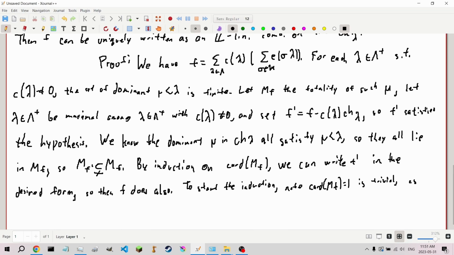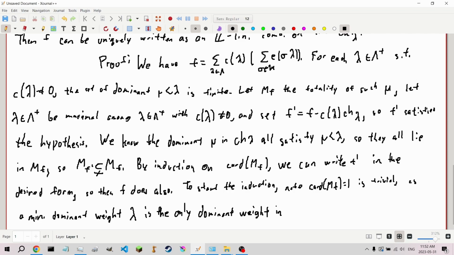As in this case, a minimal dominant weight lambda, say, is the only dominant weight in F. So F is the weight of lambda times the formal character of lambda.